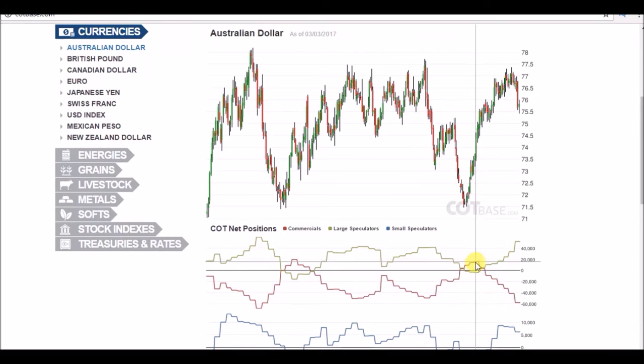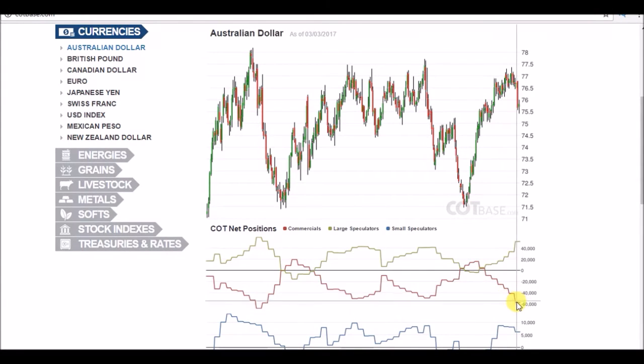And what we've got here, you can see the steps as the report comes out. And this week we've got a massive step. I think it's 1,600 positions short extra on the commercials, and you've got not so many long on the large speculators. So the speculators and the commercials are opposed.